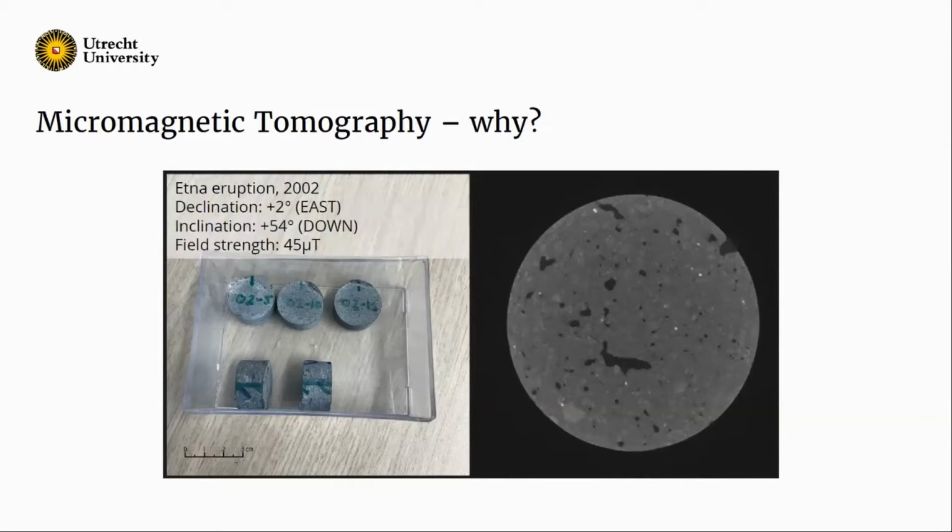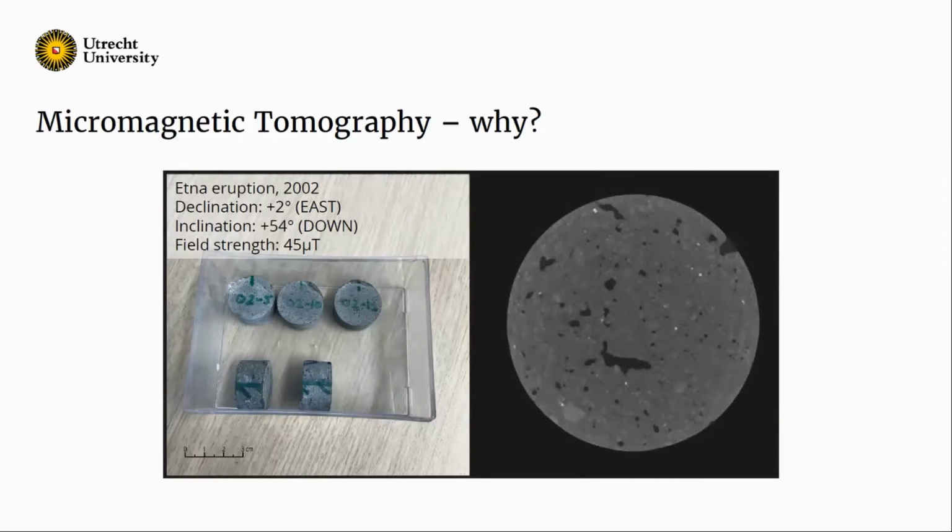And hopefully, for this one, we get declination, inclination, and a field strength that is actually known because it was measured at that time. But quite often, we don't get the right result. So even if we know what it should be, sometimes we cannot retrieve that from our samples. And that probably has to do with the bulk nature of this technique.